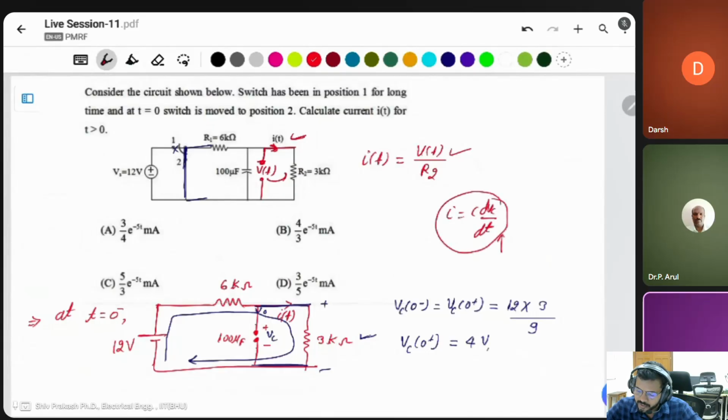But in this case, you can't apply this, because the current asked is flowing through the resistance R2, which is the 3 kilo ohm resistor. First of all you have to find the voltage across the resistor, which is the same as the capacitor voltage. Once you get the capacitor voltage, then simply apply V by R for the current.